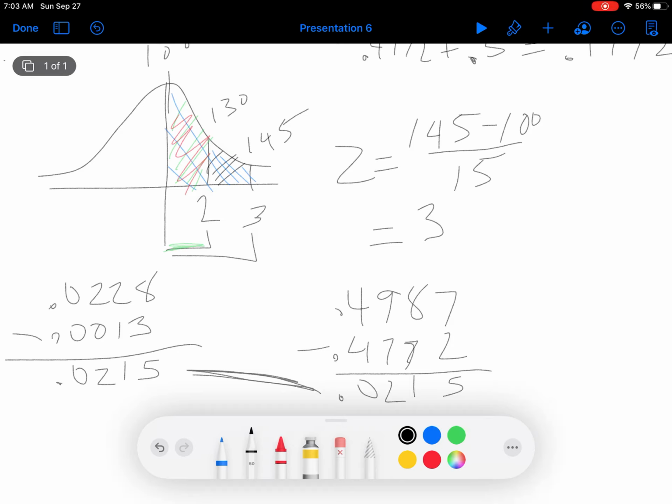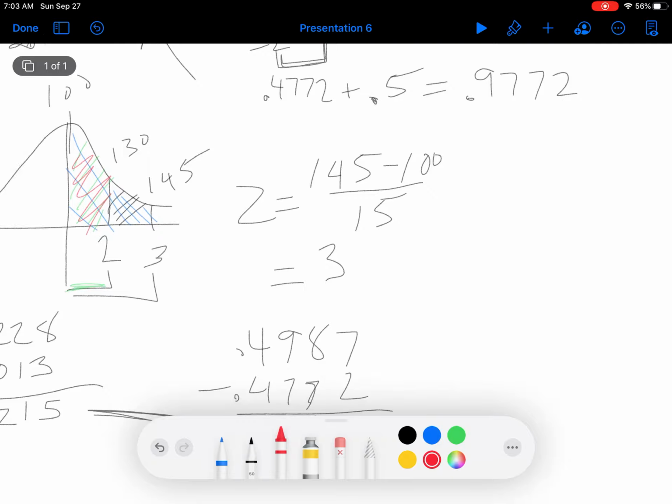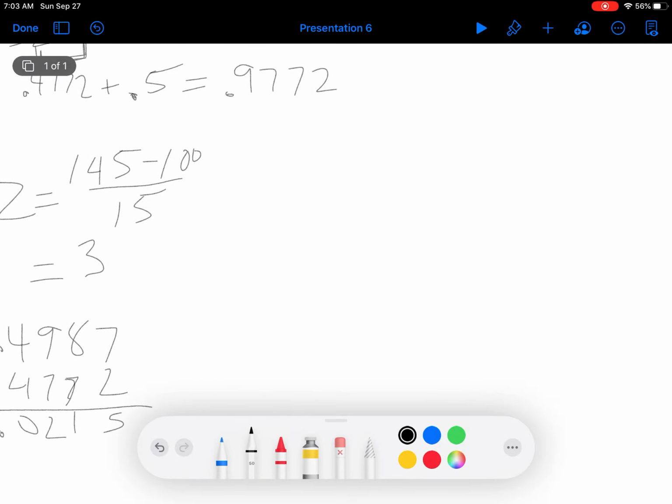So both of these are fine. You just have to make sure that you are really sure about what area you need and what you're trying to get. Whenever you sketch this, the idea is you want to label the actual X scores. Let me just draw a new version of this so you can see what I'm labeling. I'm going to draw my distribution.